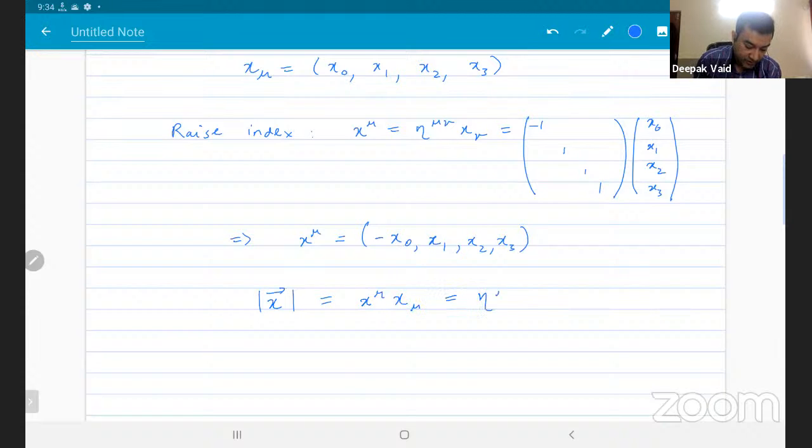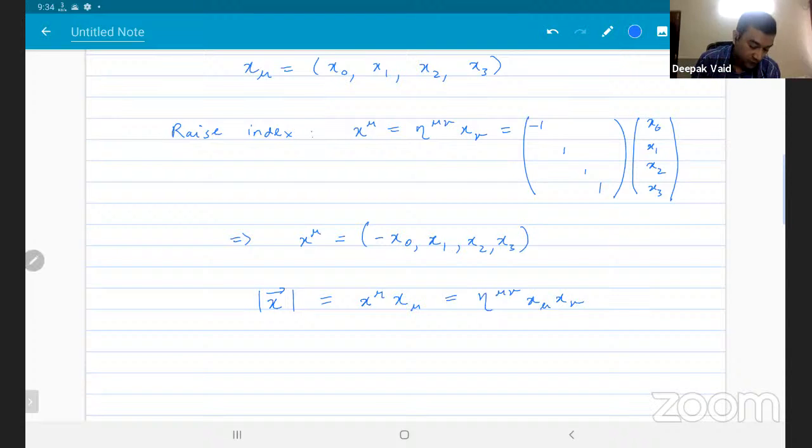Now this can also be written as eta mu nu, x mu, x nu. One of the benefits of this index notation is that you don't have to worry about the order of the items in your products anymore.